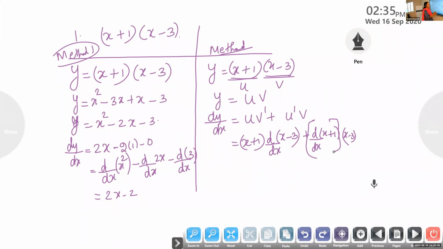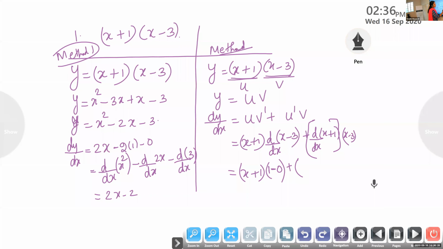Now, this is the same as (x plus 1) into... now tell me, what is the derivative of x minus 3? What is the derivative of x? It is 1, minus the derivative of 3. It is a constant, so it is 0. Plus, now write the derivative of x plus 1.